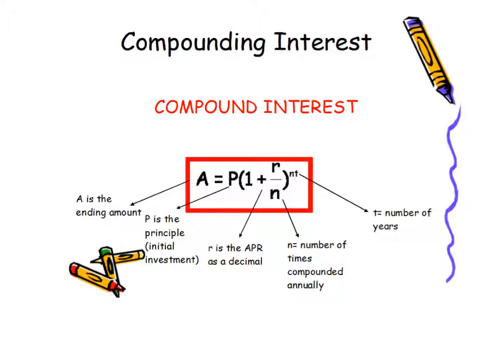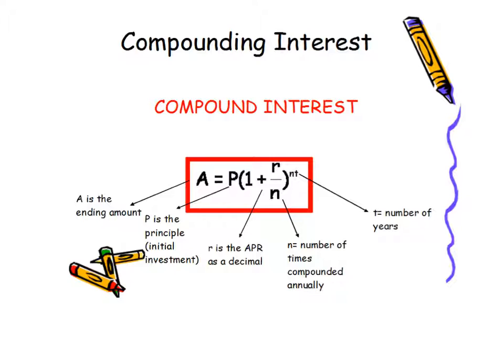But if they're going to compound it more times, and in this case the formula says this is the number of times it's compounded each year, if they did it every month, then you have to take that annual interest rate and divide it by 12 if it was done monthly, and that would be the monthly interest rate. This always has to be the appropriate interest rate.